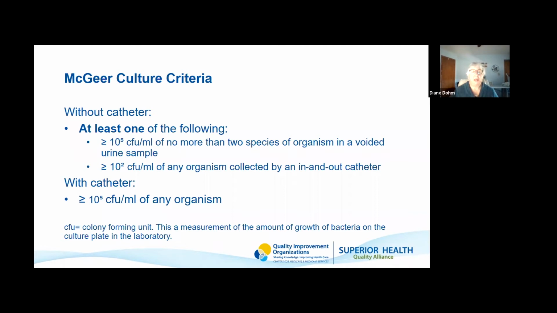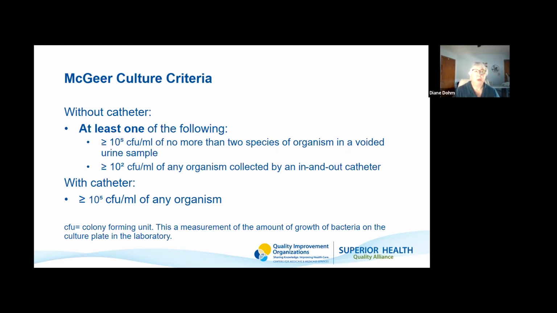And if you're not, then you need to contact your laboratory so that you know how they are categorizing the growth on their plate. For example, 10 to the 2 or 100 colony forming units, 10 to the 5 or 10 to the 6. 10 to the 6 would be 100,000 colony forming units, and that's typically the highest number that a laboratory is going to report out.